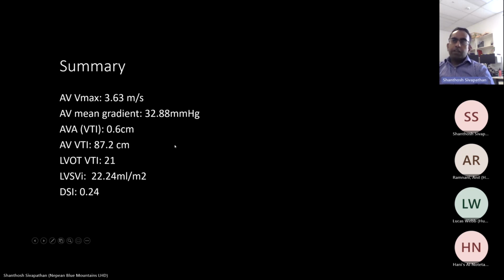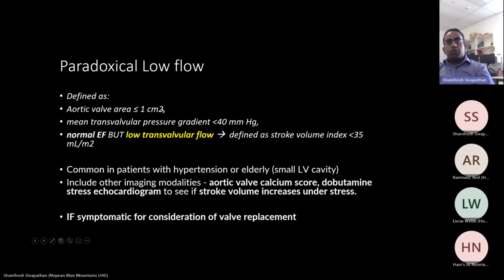So this will be in the context where you've got a normal ejection fraction, but a reduced stroke volume and a reduced gradient, but the area is in the severe category. It will be a paradoxically low-flow state.